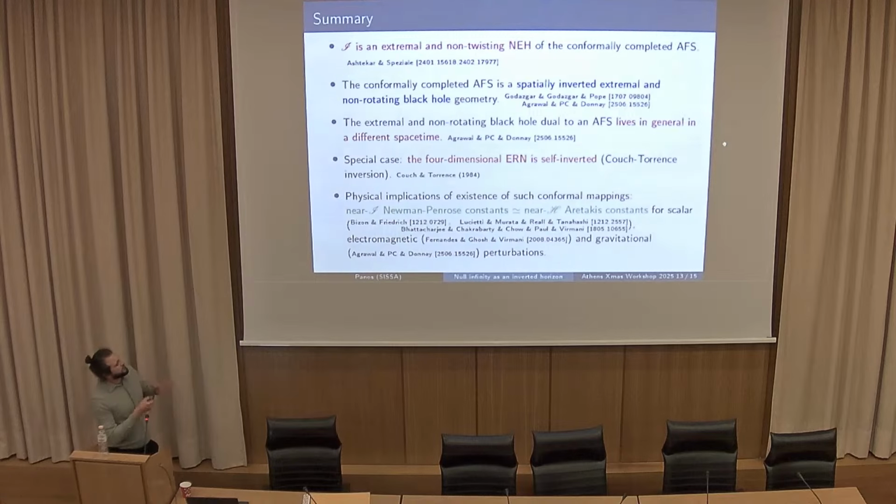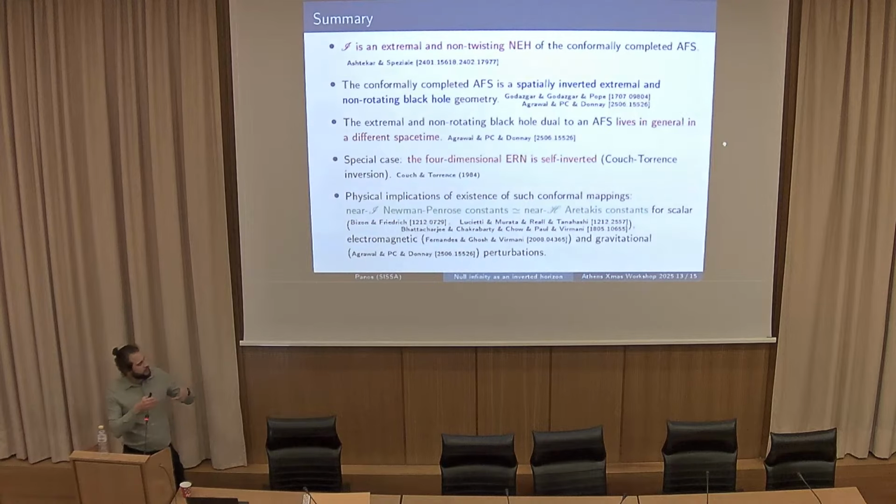So in summary, I argue that there is a correspondence between a generic asymptotically flat spacetime and the geometry near a horizon that is non-expanding, extremal, and non-twisting, with an explicit self-inverted example being the extremal Reissner-Nordström black hole.